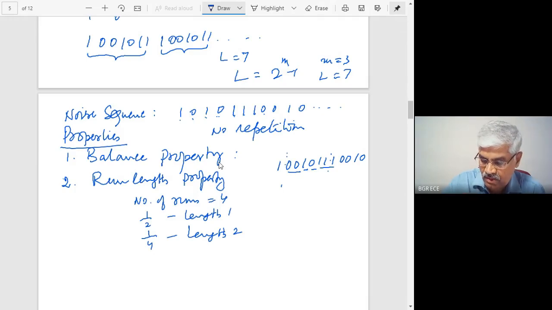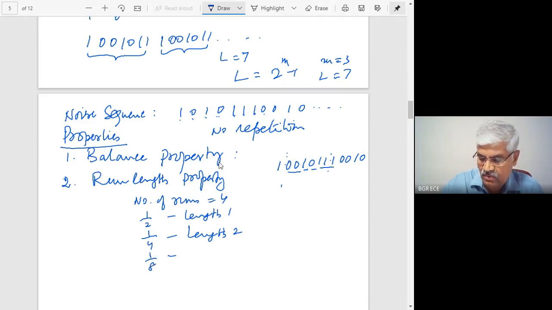Out of these 4, only 1 run has length 2. So it satisfies. And then 1/8 is not relevant here.